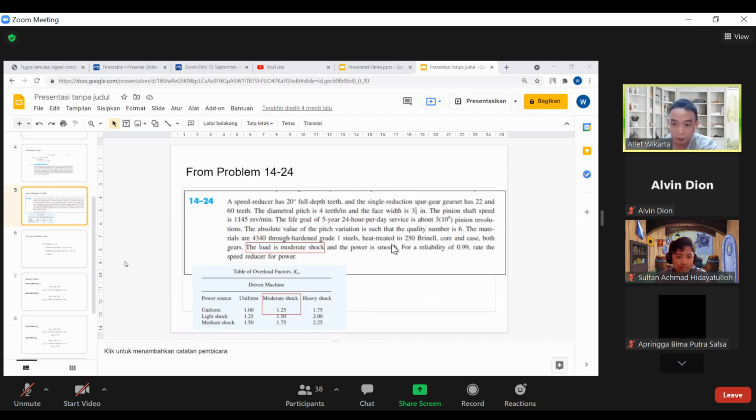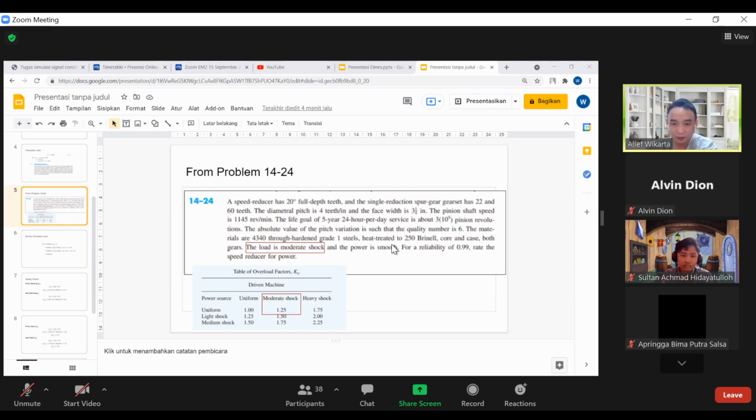But if the problem or the situation doesn't mention any load conditions, you can assume by yourself. Maybe not uniform. Maybe moderate shock is okay, or maybe medium shocks from the power source and also medium shocks at the driven machine. That also will be okay. I think it depends on the conditions.